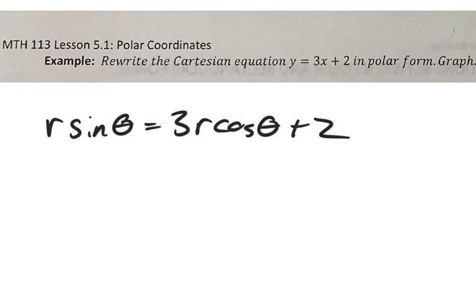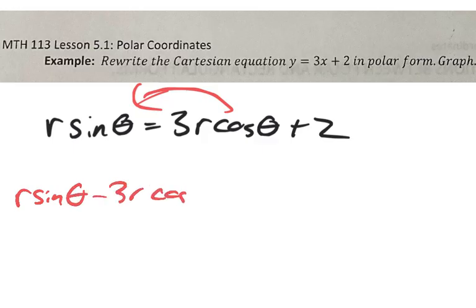Now I need to get r by itself, so let's get the r's on the same side. So this becomes r sine theta minus 3r cosine theta equals 2. Factor an r out.